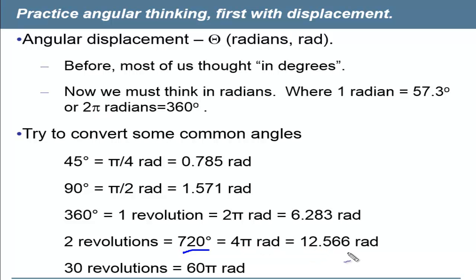And if we had 30 revolutions, we take 30 revolutions times 2 pi radians per revolution, so we get 60 pi radians. If we had 100 revolutions, then we'd have 200 pi radians that the angle went through.